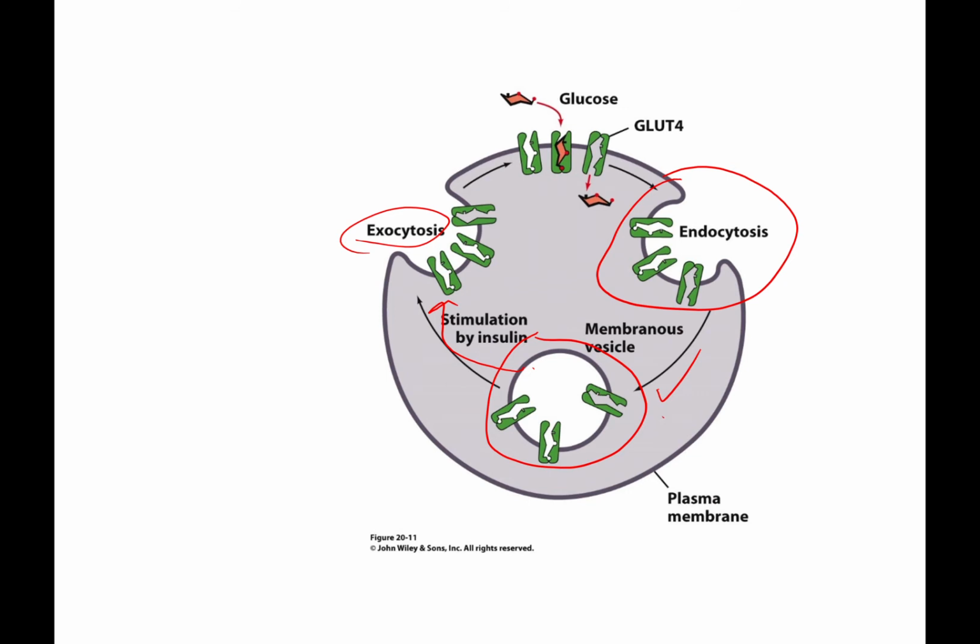But in the end, those transporters are back out at the cell surface, and they're able to transport glucose across. The take-home message here is that cells can respond to hormonal stimulation or different sorts of triggers to remove transporters from the plasma membrane using endocytosis, or to put more back out at the plasma membrane using exocytosis.